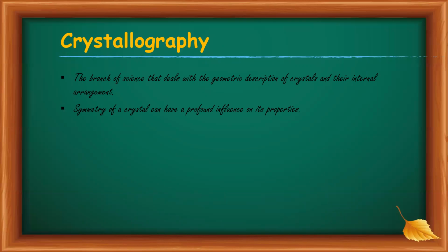The symmetry of a crystal can have a profound influence on its properties. The atomic arrangement in a crystal is called crystal structure. The main aim of crystallography is to study the crystal structure.